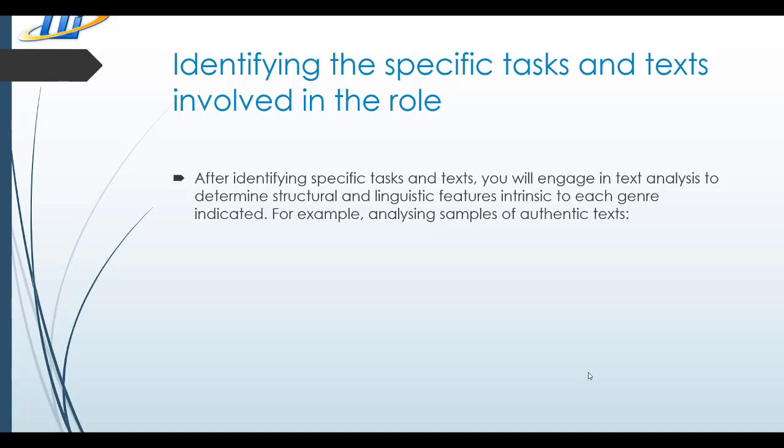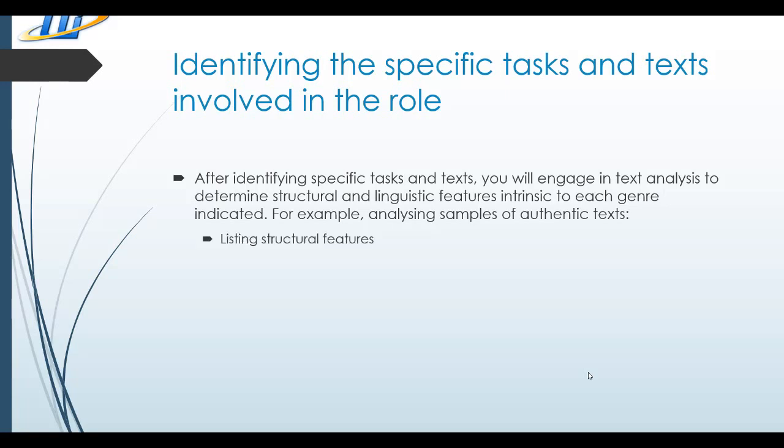Having identified specific tasks and texts, you will engage in text analysis to determine the structural and linguistic features that are intrinsic to each genre indicated. For example, if the role demands report writing, you will analyse samples of authentic reports from the field.